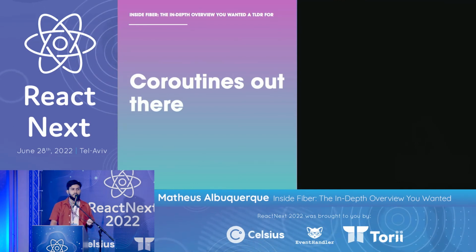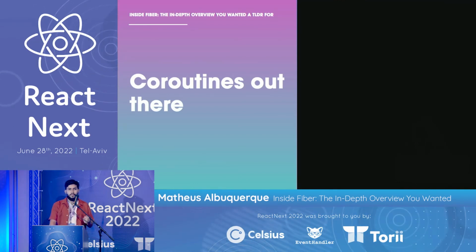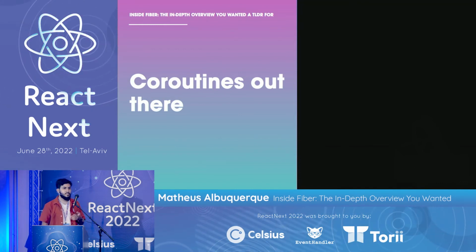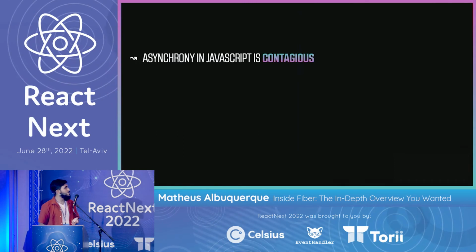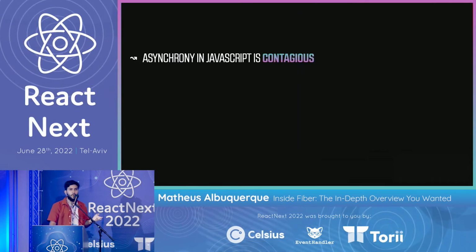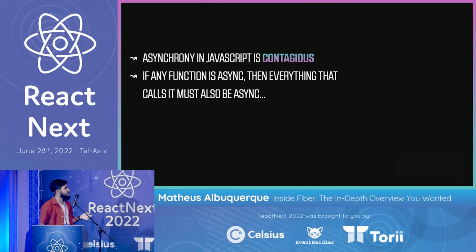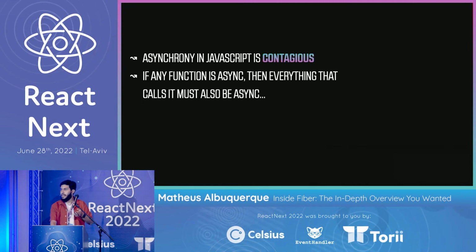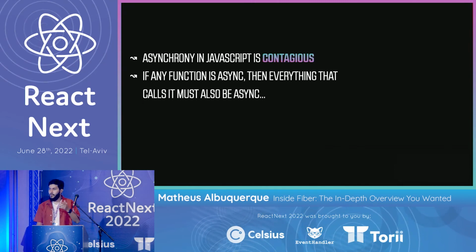Just before we move to the next stop, I find it really interesting that coroutines are also out there in our lives as front-enders. For example, we know that asynchrony in JavaScript is what we call contagious. If any function is async, the function calling it should also be async, and so on and so on.